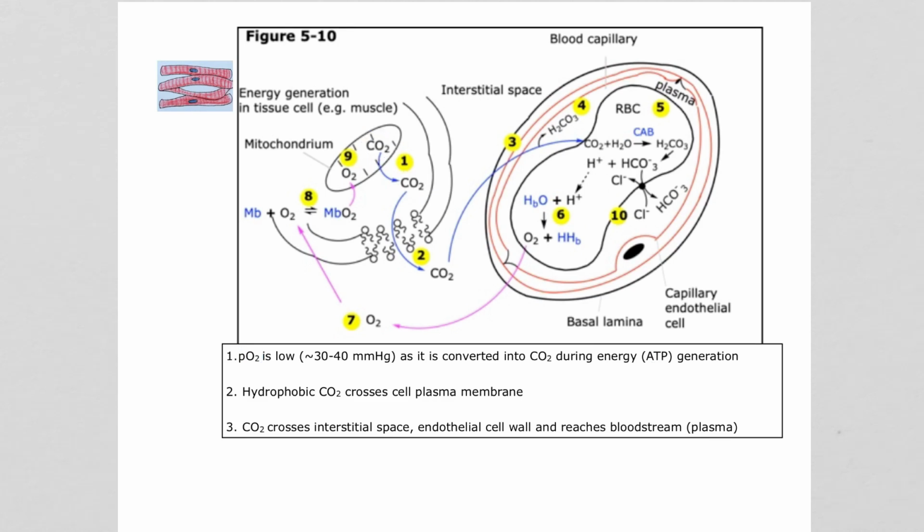Carbon dioxide is a hydrophobic chemical. It readily crosses the plasma membrane of the muscle cell. So it basically diffuses out of the muscle cell.